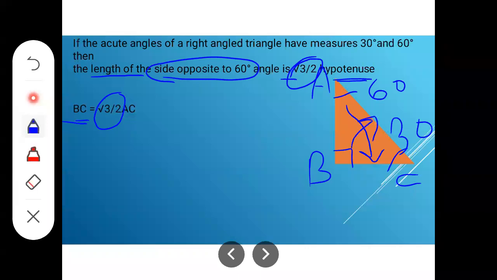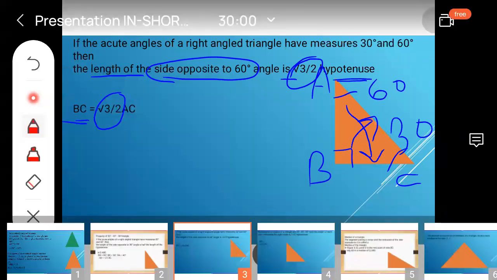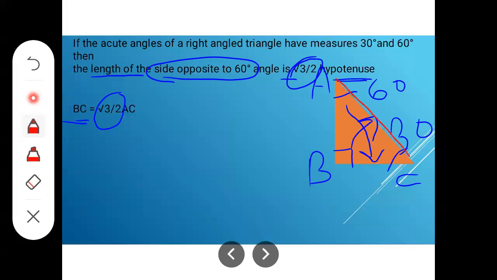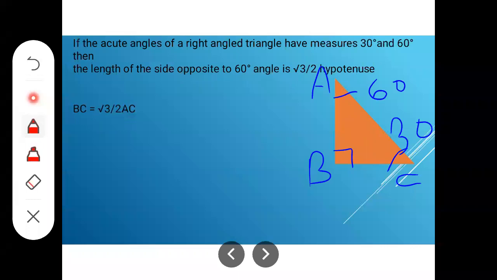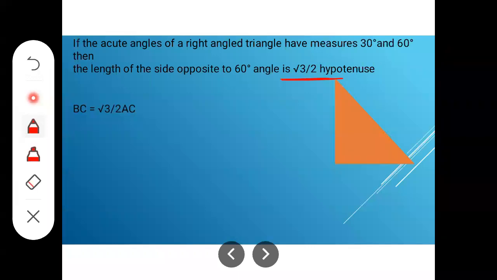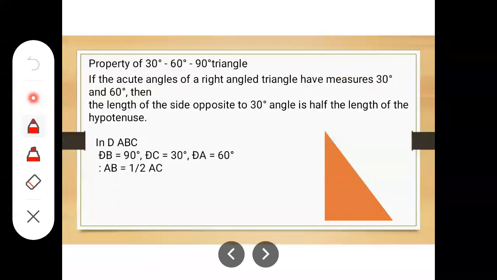Again, the side opposite to 90, that means AC. Okay, AC is the hypotenuse. So that is also very easy to write the formula. The side opposite to 60 degrees is root 3 by 2 of the hypotenuse, and the side opposite to 30 degrees is half of the hypotenuse.